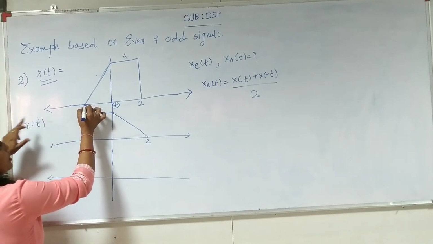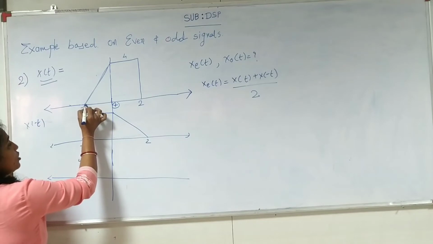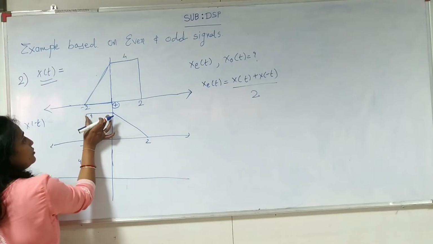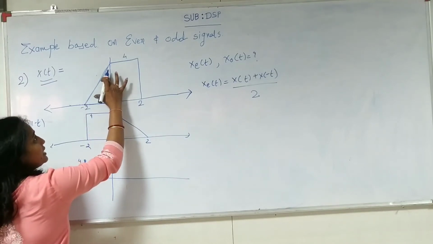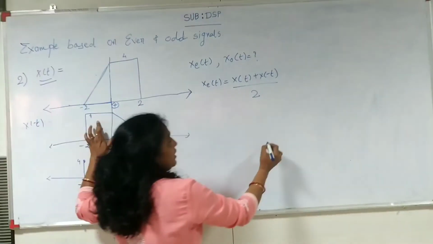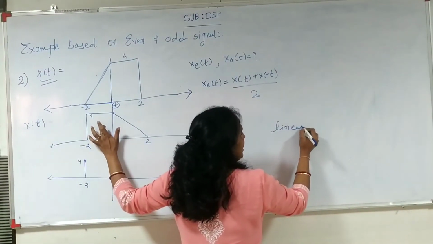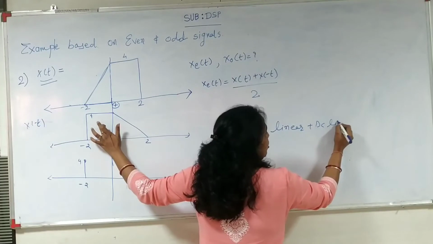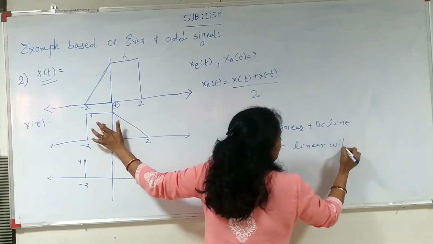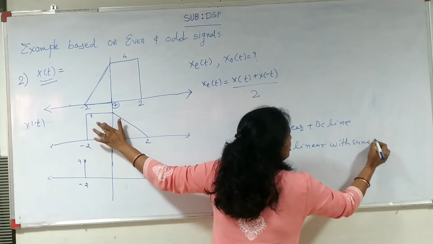And for t greater than minus 2, this line is added to this line. This one is the linear line and this one is the DC line. Whenever we add any linear line with a DC line, we always get a linear line with the same slope.